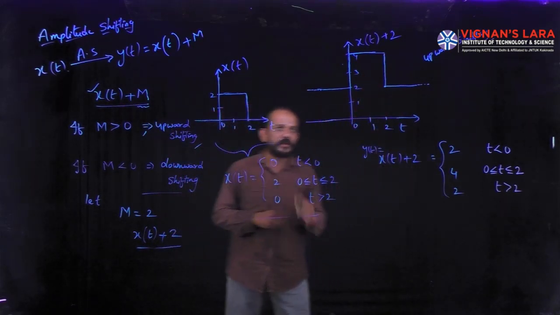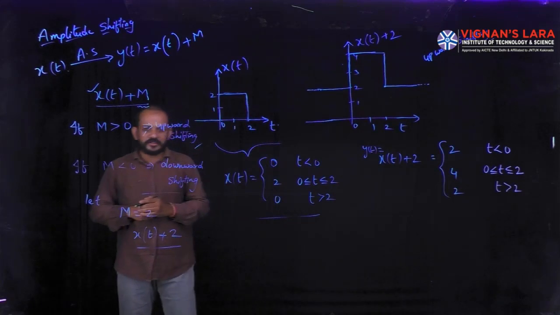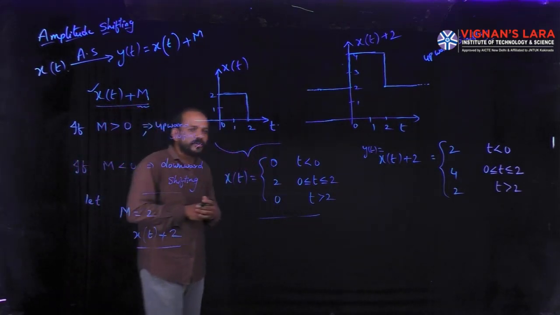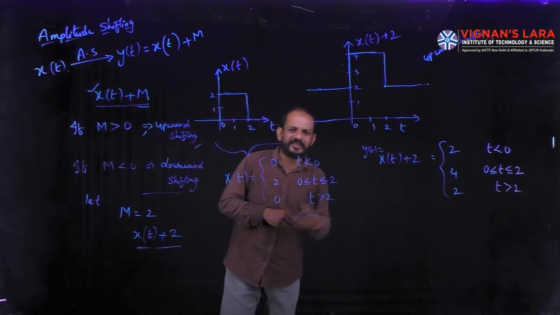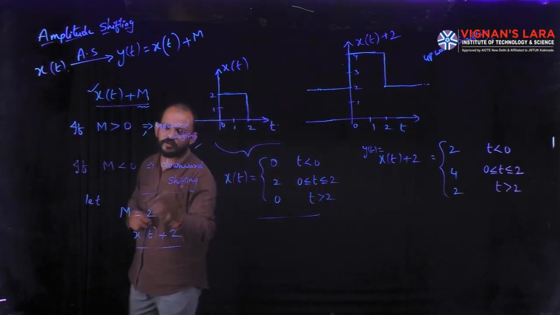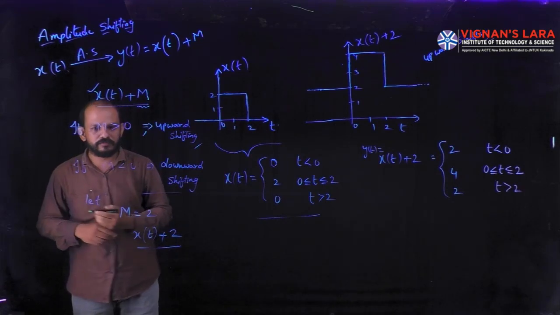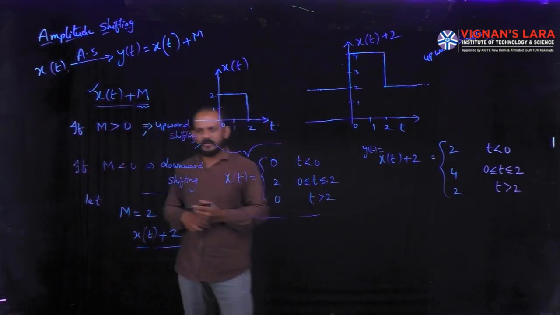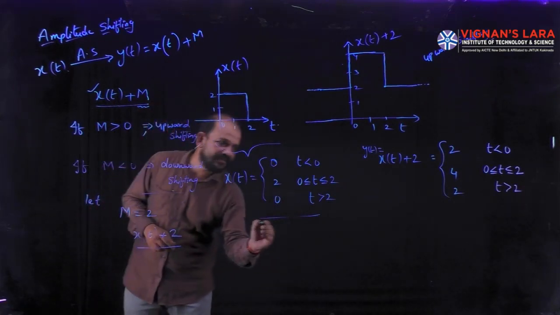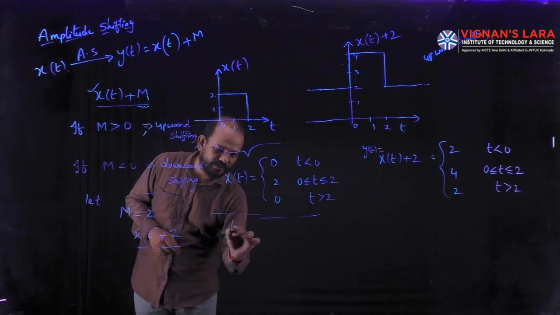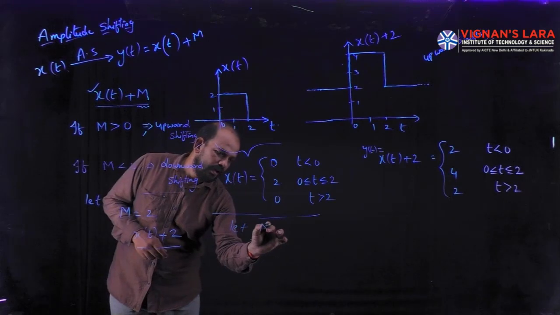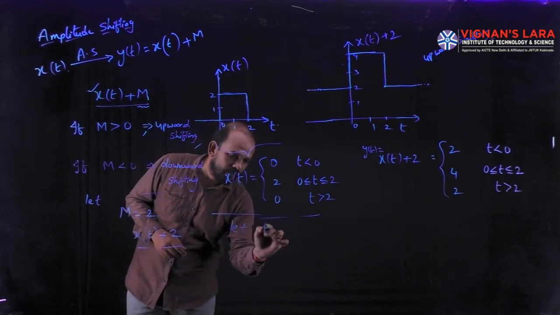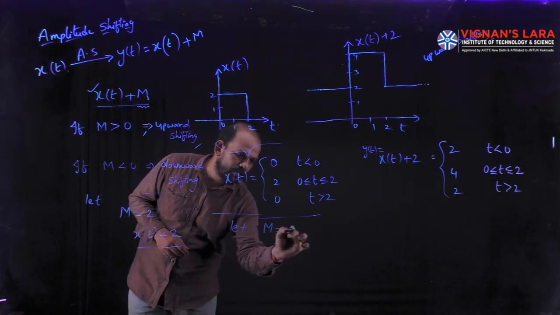Okay. Now the next one is the downward direction. How will you get the downward shifting? Simply by taking the value of m less than 0, that is negative. Let us say, in the next case, let's consider m equal to minus 2.